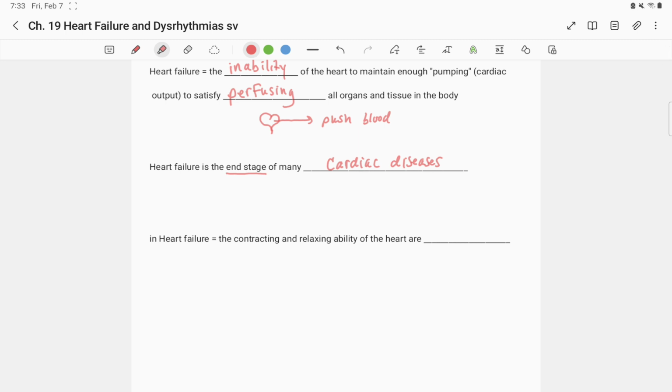In heart failure, the contracting and relaxing ability of the heart are impaired. Okay, the contracting is the systolic part, and the relaxing is the diastolic.